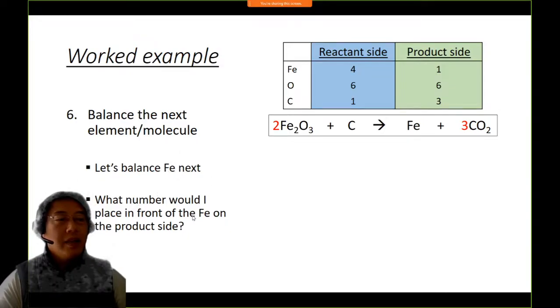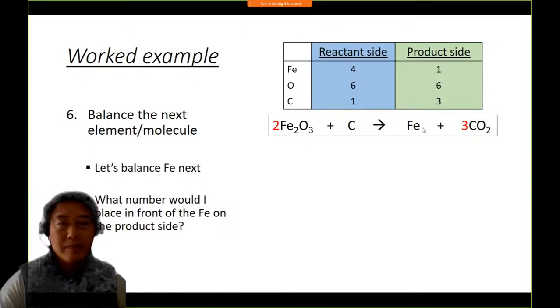Now question, what number would I place in front of the Fe on the product side? You have a 2 here on the reactant side. Left hand side is reactant, and that's the product side. So what coefficient do I need over here?